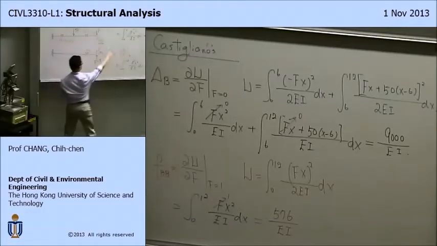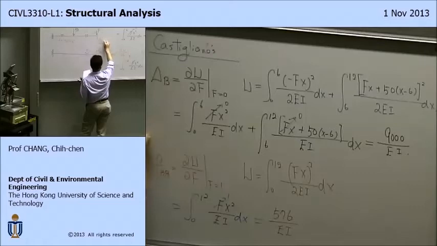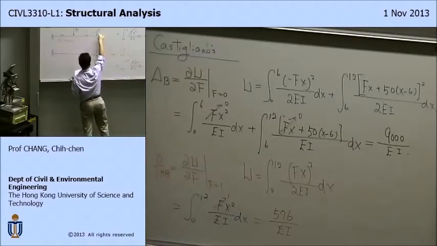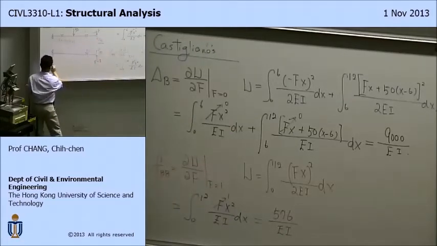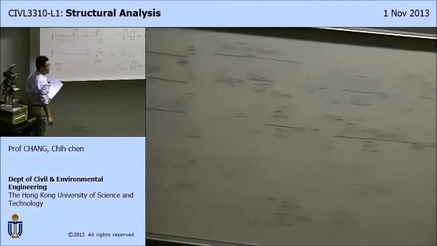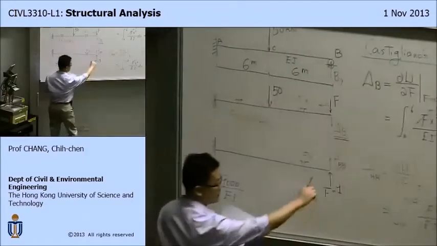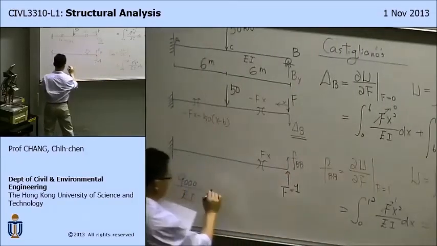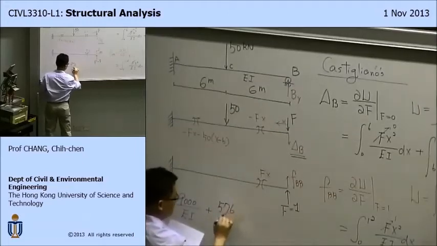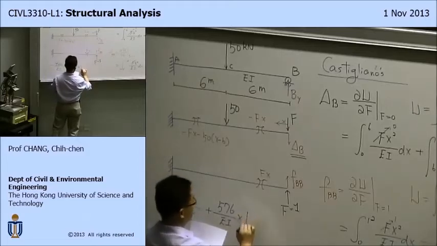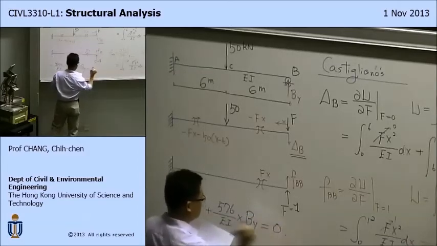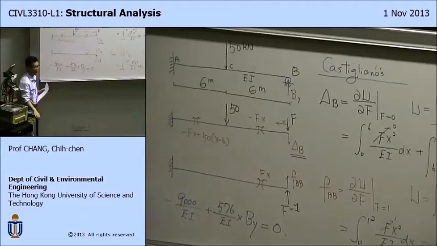Okay, so this is positive. This is downward. 9,000 over EI is in the same direction as F, so it's downward. So that one is negative. So the compatibility condition is minus 9,000 over EI, and this is upward, positive, so it's positive. So that's our compatibility equation.